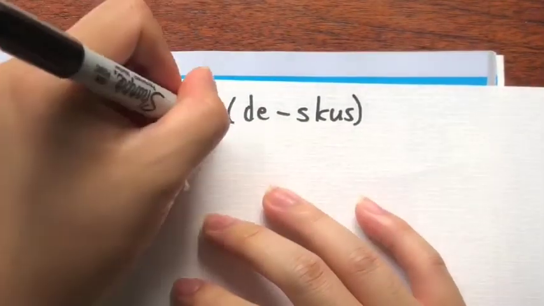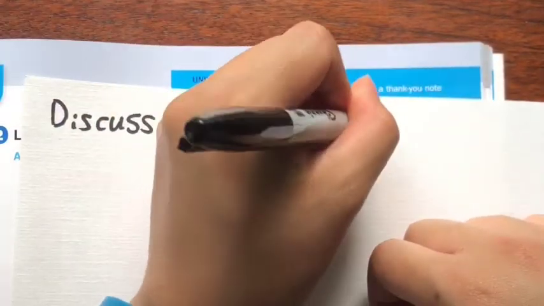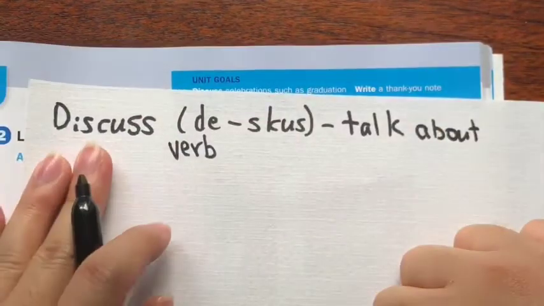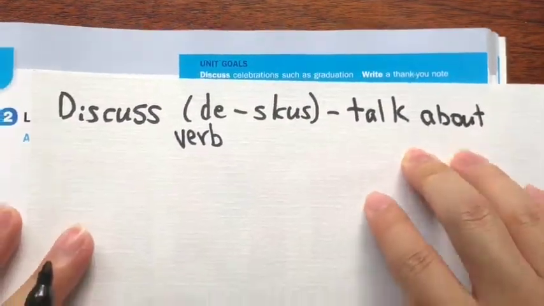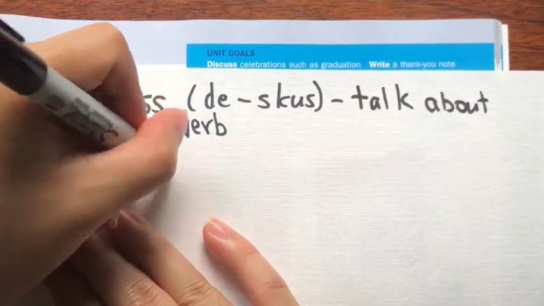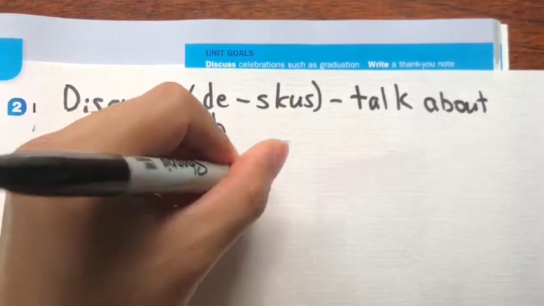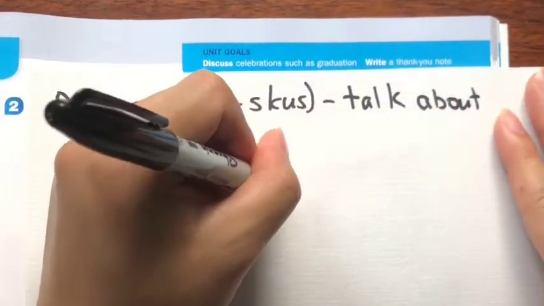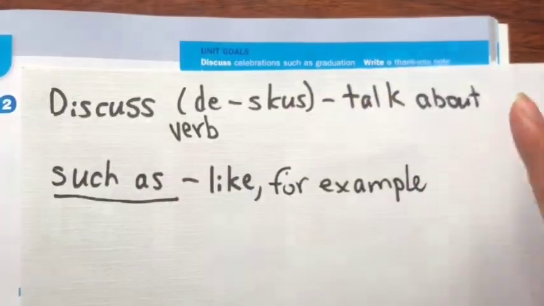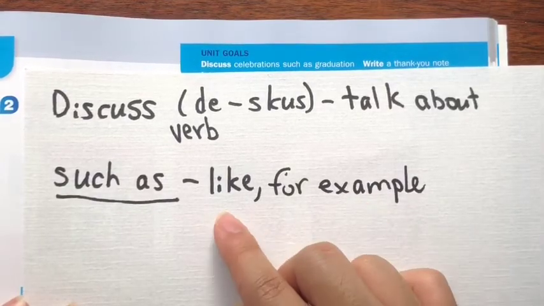What does it mean? Well, it's a verb, so it's an action. It means talk about. Such as means like, or for example. We use such as when we want to give examples, or we use the word like.